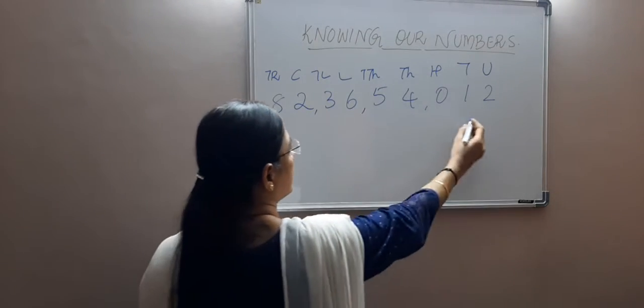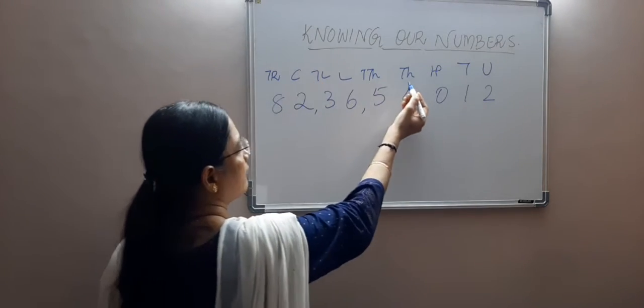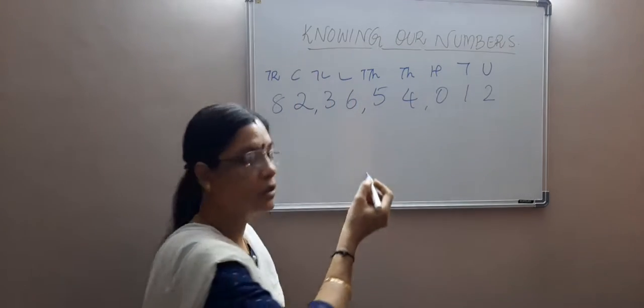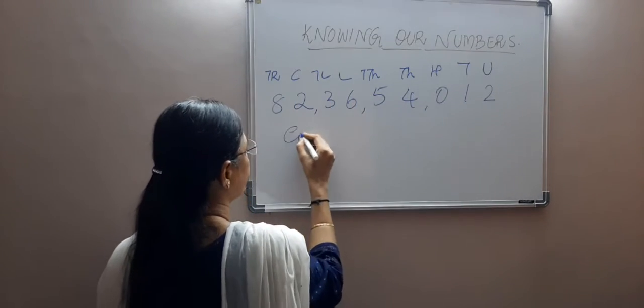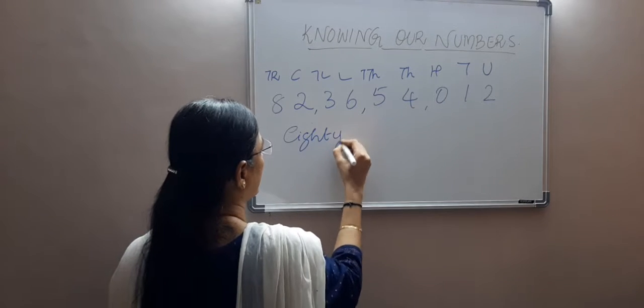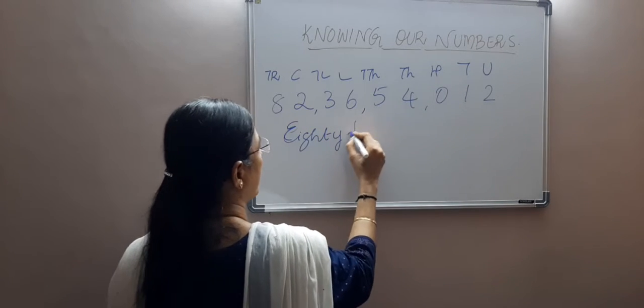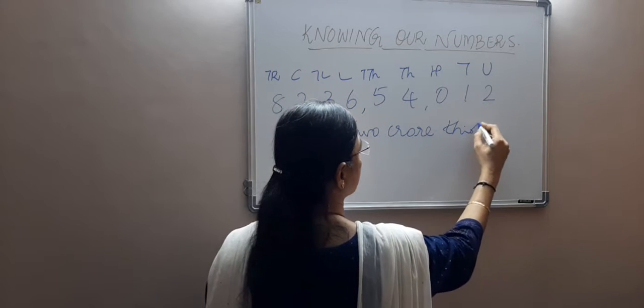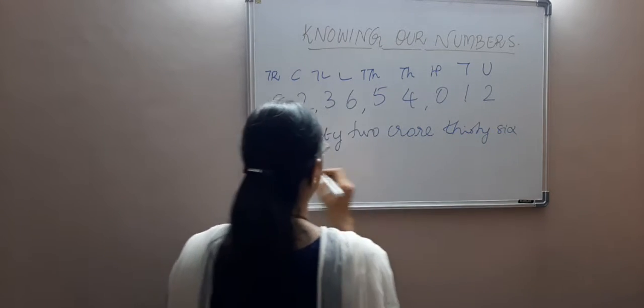The number named here is, after 1000, 10,000, lakhs, 10 lakhs, crore and 10 crore, isn't it? So we name it as 82 crore 36 lakh.